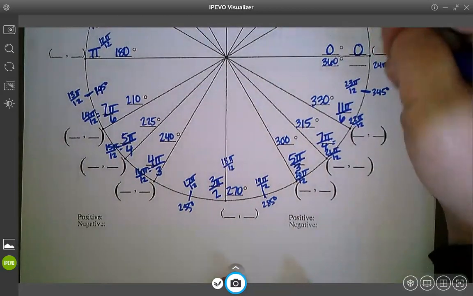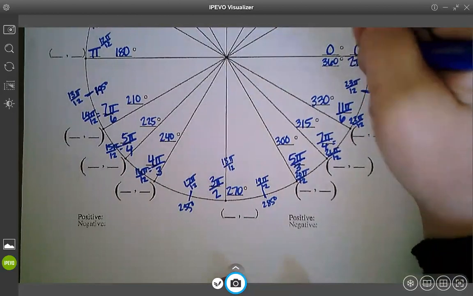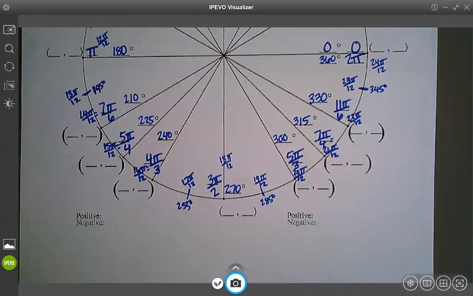And then 24 pi over 12, which is 2 pi. A lot of them.